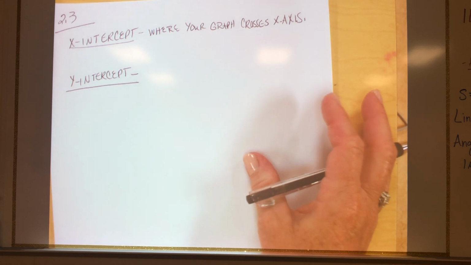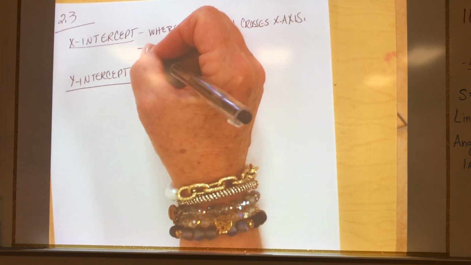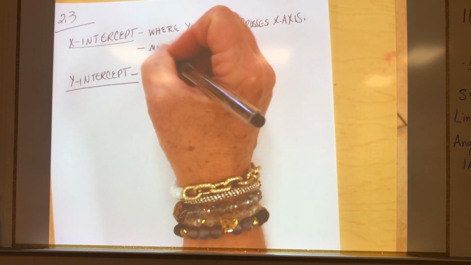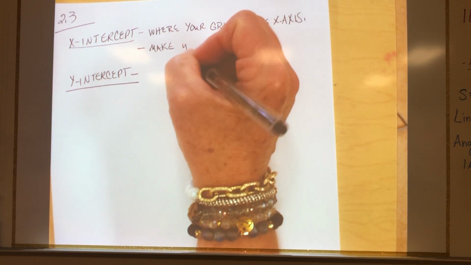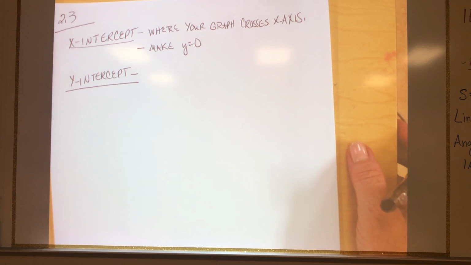Everybody agree with that? And then Cole said it's where y is equal to 0. So how do you find it? Well, you make y equal to 0, and then whatever x ends up being, that is your x-intercept, okay?